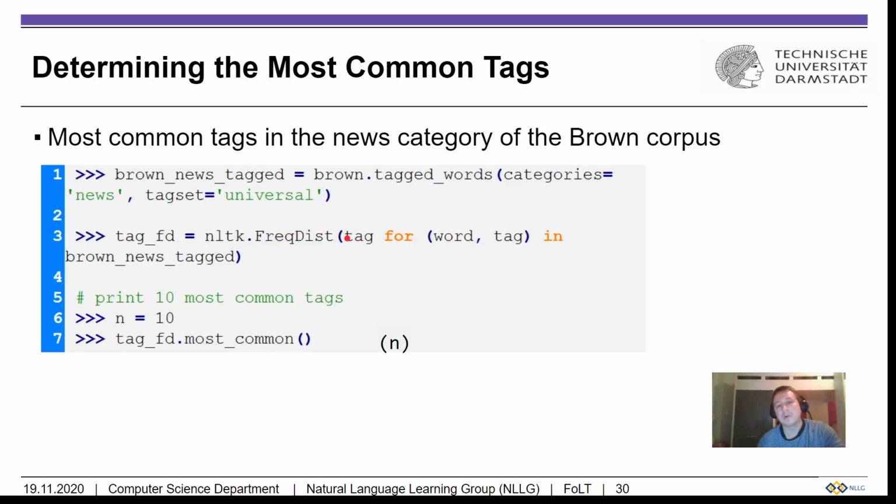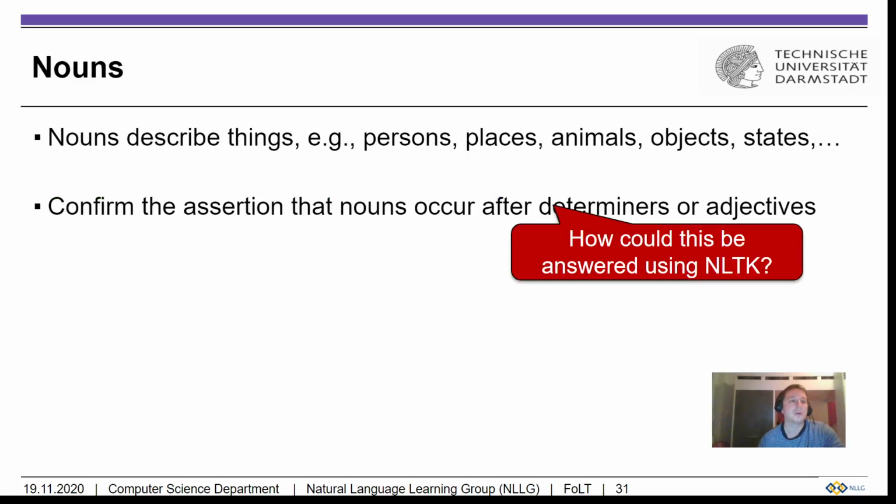So we find out what the most frequent tag is, and we check the 10 most frequent tags. We just ask what the most common n ones are, so you would type in n as an argument. You would get the 10 most common tags, and you can try this out for yourself, either in practice class or in the homework, or just on your local computer.